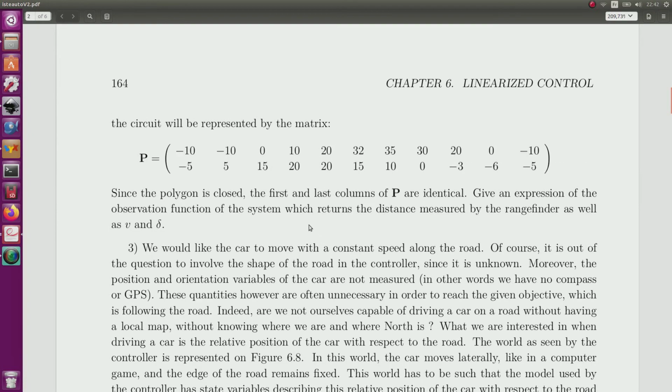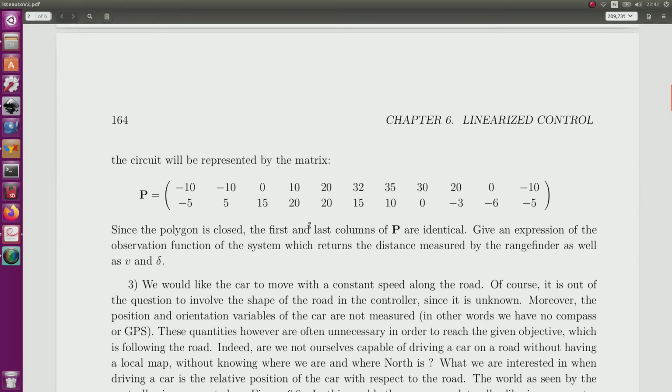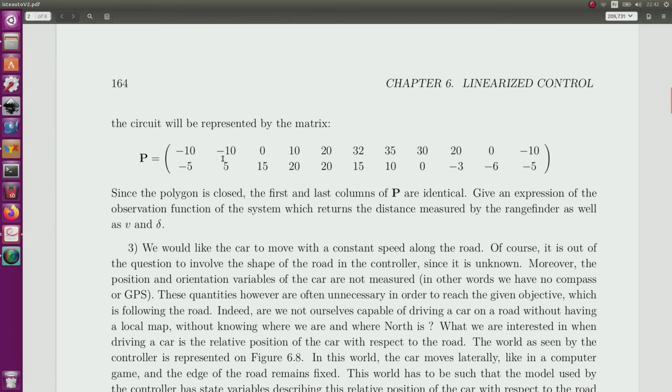We also have a polygon which is represented by a matrix, and each column vector of this matrix corresponds to a vertex of the polygon. The polygon is closed since the first vertex and the last one are equal.